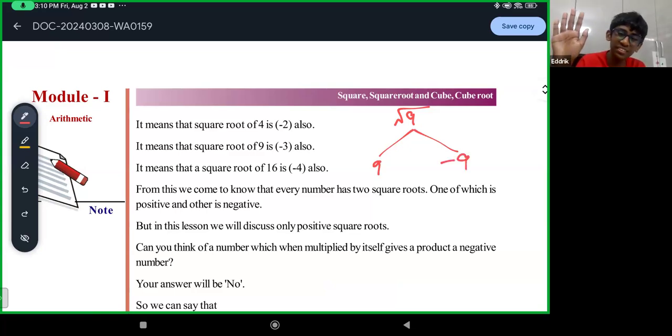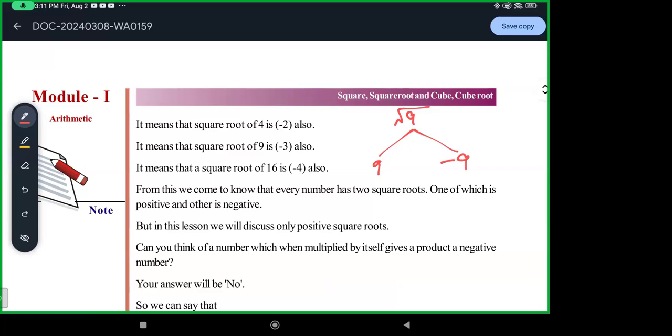Oh, 3, sorry, 3 and minus 3. Yes, 3 and minus 3, both. How? If I do 3 into 3, I will get 9. If I do minus 3 into minus 3, I will get 9 because minus minus is plus. Okay, so in both the cases, I'm getting the same thing, 9. So I can say that every number has two square roots, one positive square root and one negative square root.